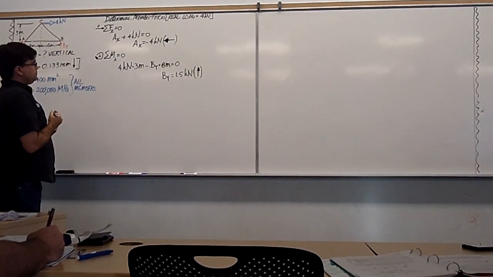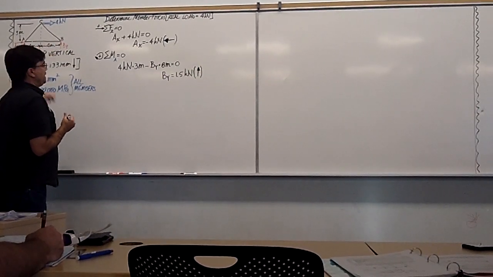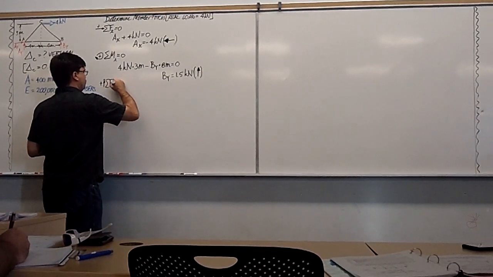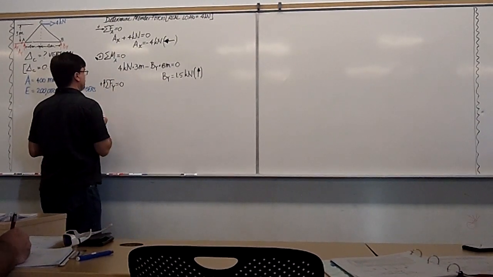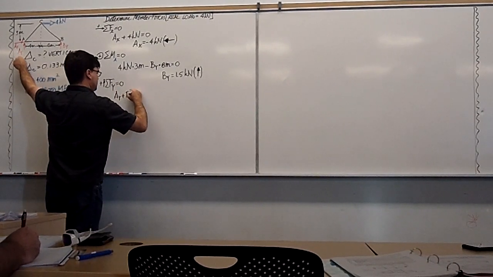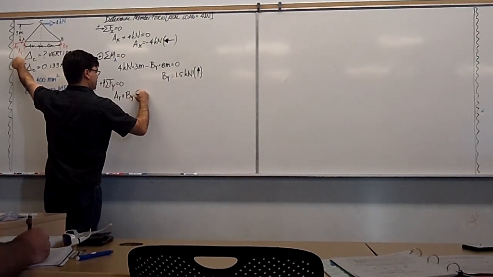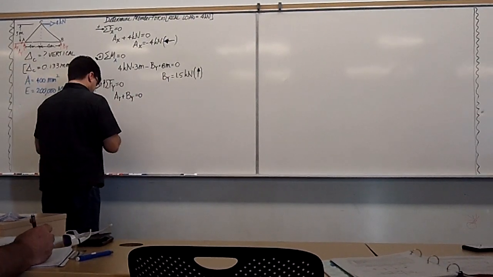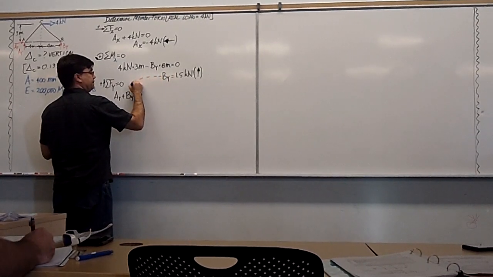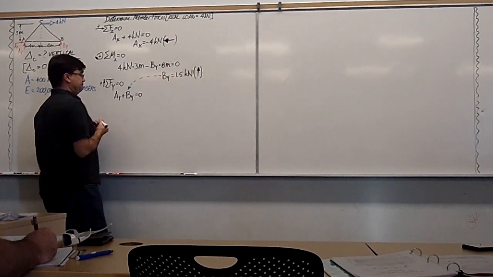Okay? So now that we know By, let's find out Ay. Sum of the forces in the y direction equals 0. We have Ay plus By equals 0. And I know that By is that.